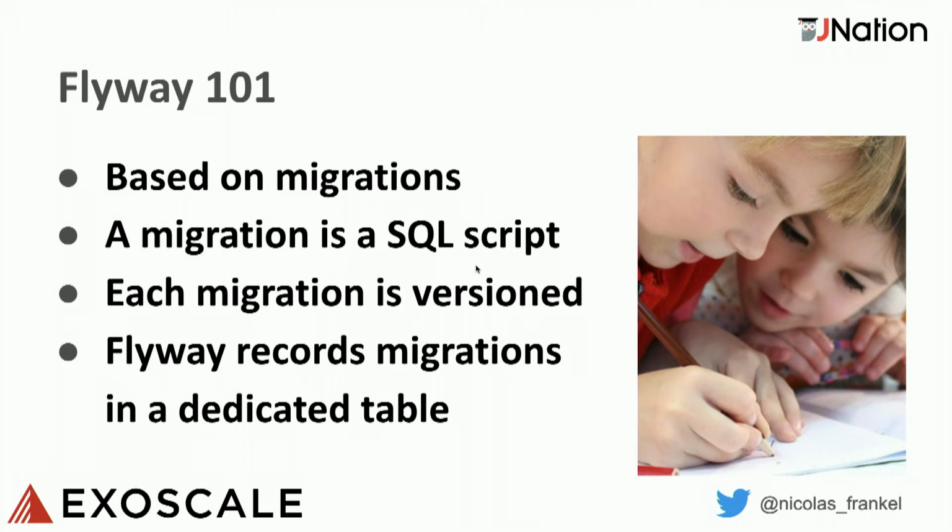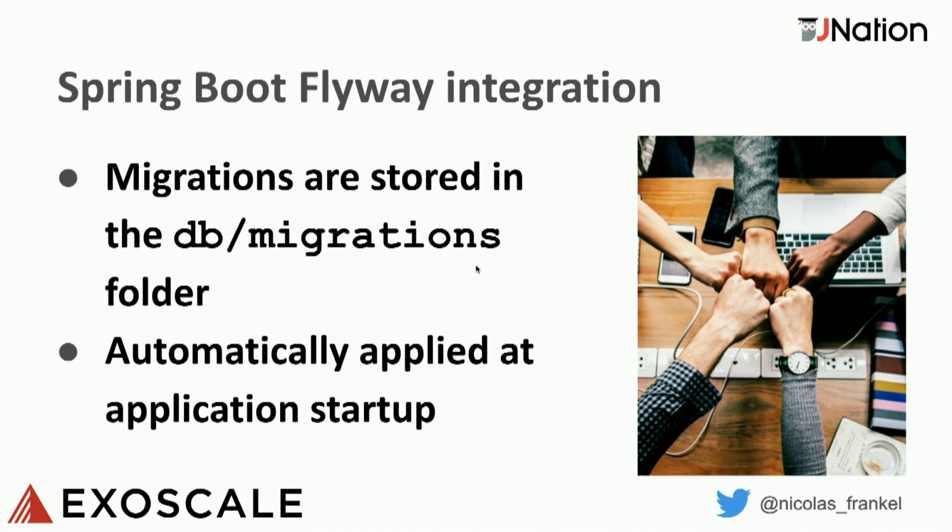So it's very straightforward. And if you are using Spring Boot with Flyway, you just put your scripts, your migrations, into a specific folder, src/main/resources/db/migration, and at the startup time of the application, Spring Boot will apply them. And again, if they have already been applied, Flyway will skip.